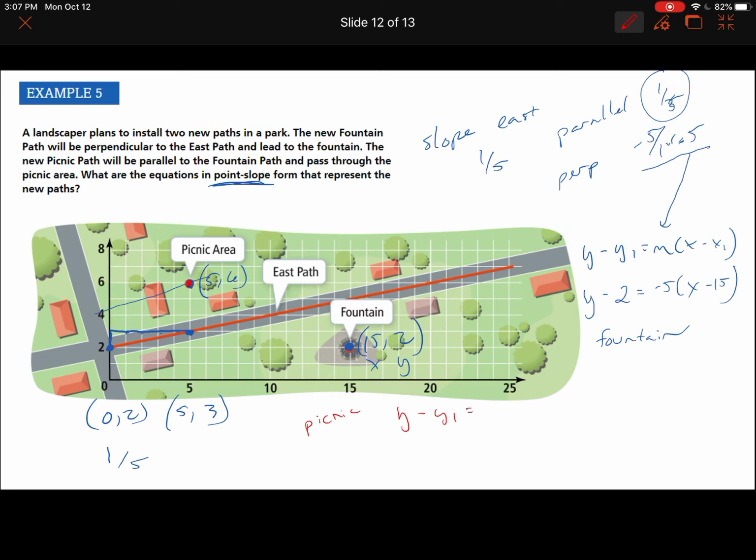So I know I'm going to be y minus y1 equals, now I know my slope is going to be 1/5, and then x minus x1, and now we can just sub in our point. There's my x, there's my y. So y minus 6 equals 1/5 times x minus 5. And again, that's going to be the picnic.